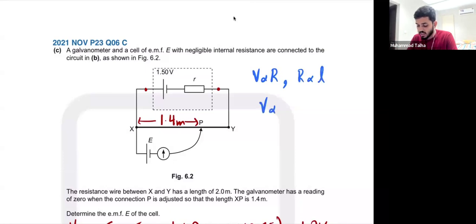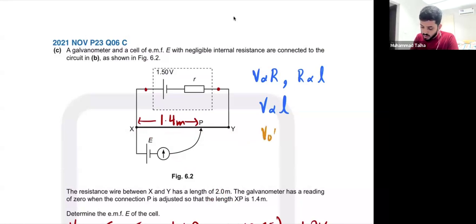So we use this idea that voltage is proportional to length. Now, according to the practice that we just did, 1.2 volts appears across all of this 2 meters length of wire, right?